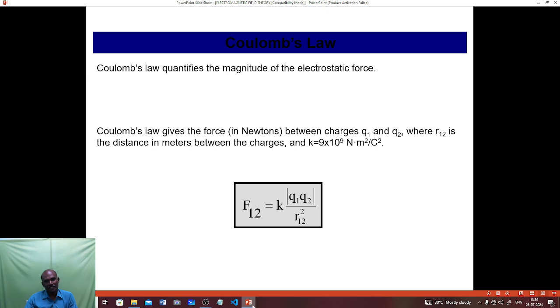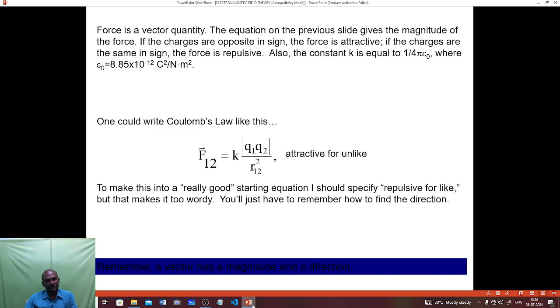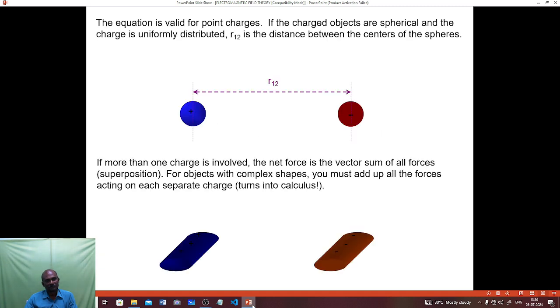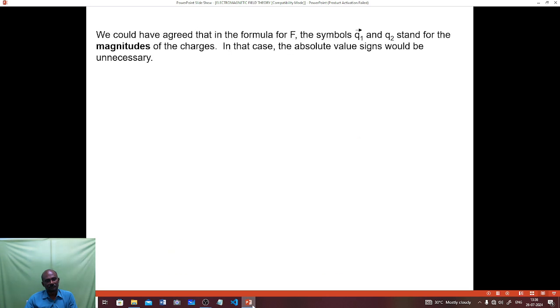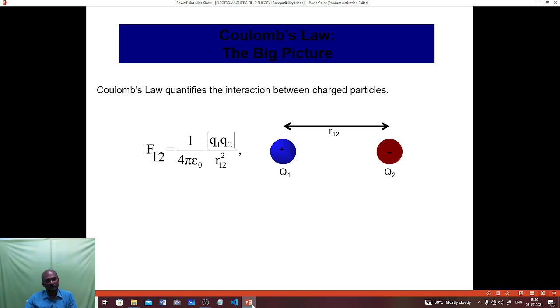The value of K is 1 by 4 pi epsilon naught, which is 9 × 10^9 newton meter square per coulomb square. So the force may be attractive or repulsive. F12 is 1 by 4 pi epsilon naught Q1 Q2 by R12 square.